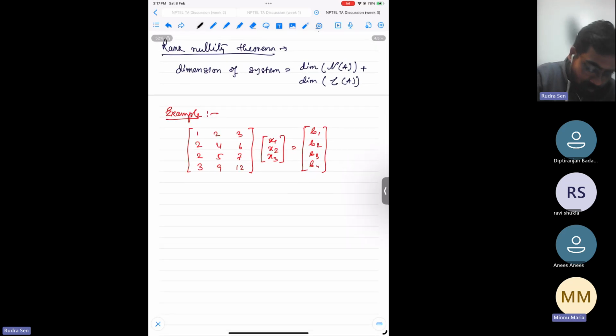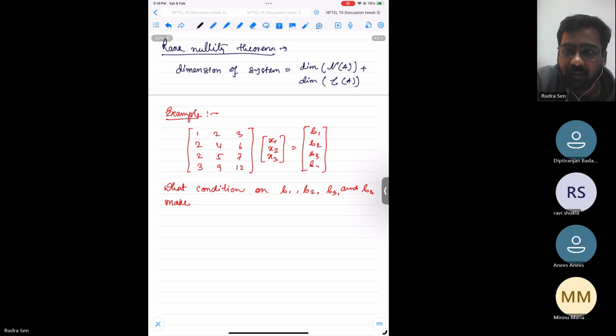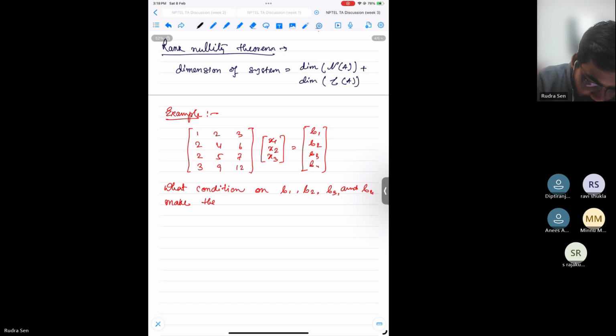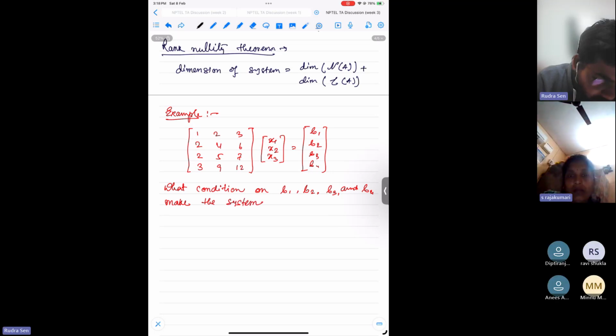The question is, what condition on b1, b2, b3, and b4 makes the system solvable?